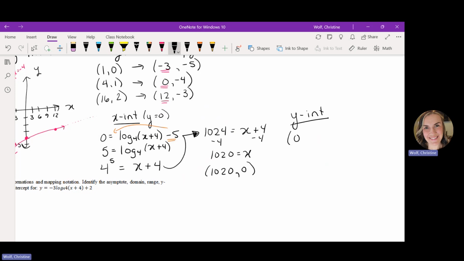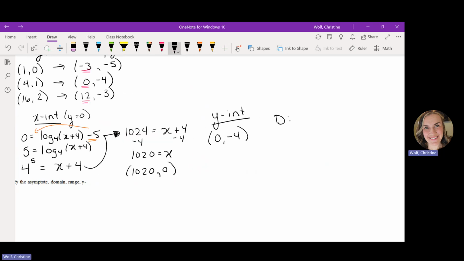My y-intercept was 0, -4. We plotted it. And then it asks me now for domain and range. Your domain will change because your asymptote shifted. All of your x values are now greater than -4, to the right of -4. And then your range is your freebie. Okie doke. So that took us a while.